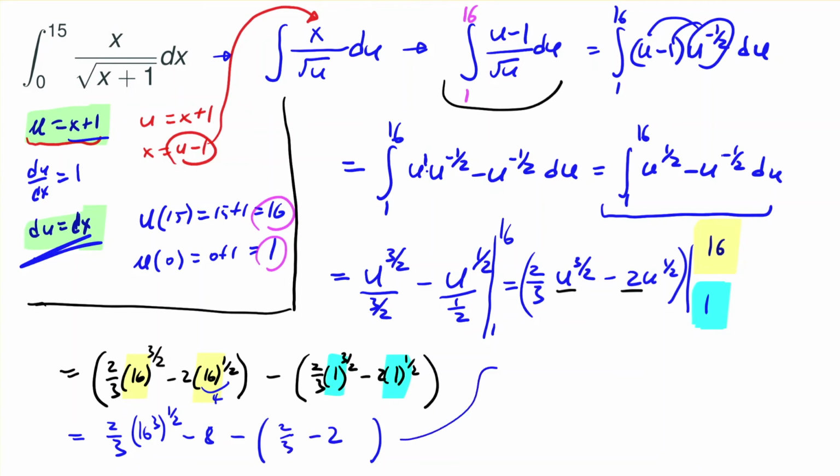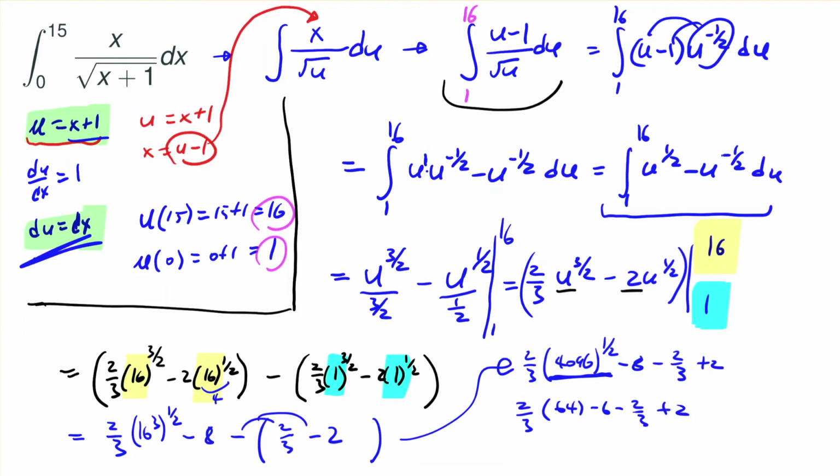So let me bring that here. 16 cubed gives us 4096 to the half power minus 8. Let's distribute the negative sign. Minus 2 over 3 plus 2. Now, the square root of this number is 64. Okay.